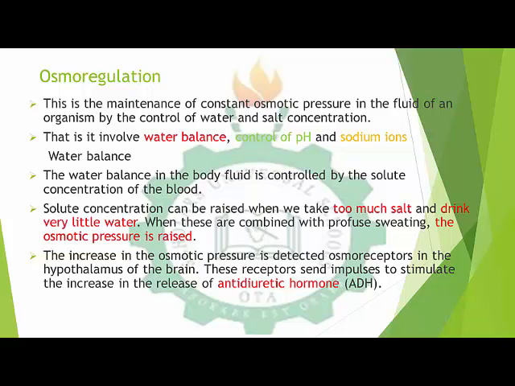So it involves water balance. The way the kidney performs osmoregulation is, one, water balance, two, control of pH, three, control of sodium ions. Those three things are key. We need to understand those three things when we want to understand osmoregulation.